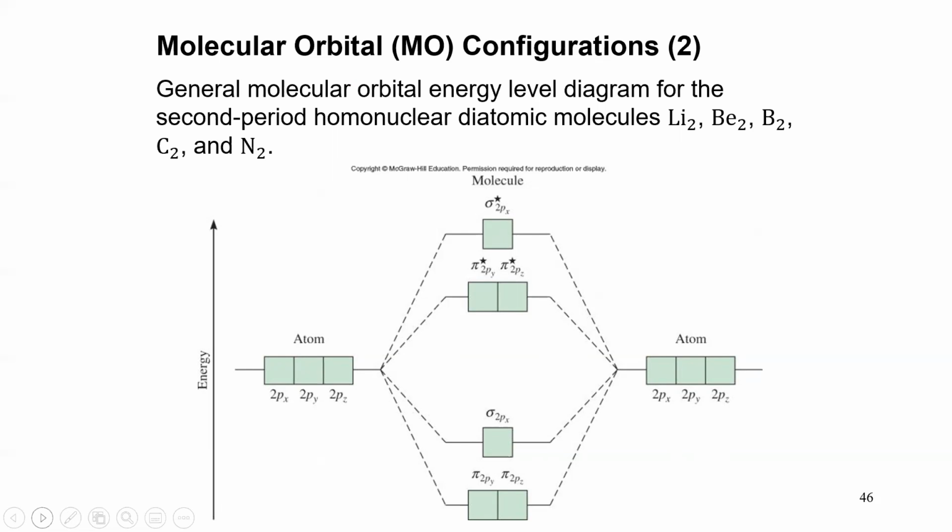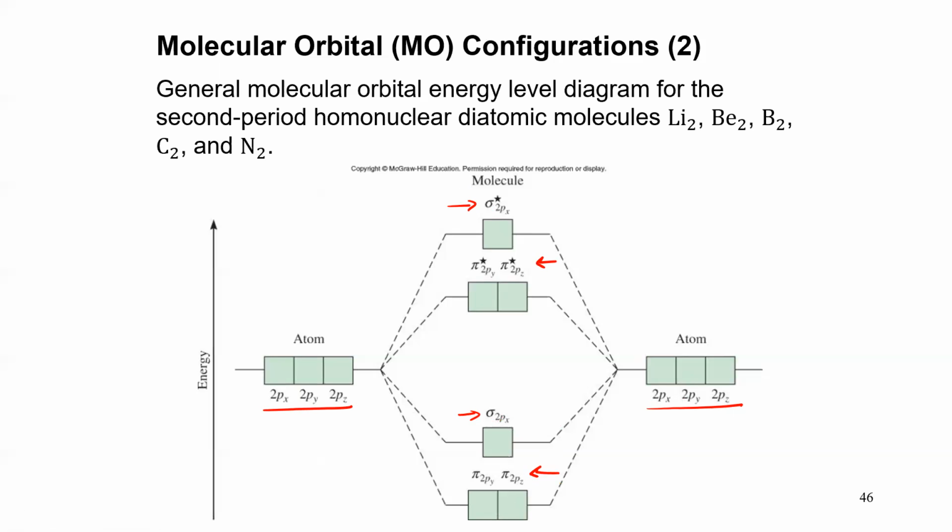Okay. All right, and so this is the general scheme for molecular orbital configurations with things in the p subshell. And so we have our 3 p subshells on either side. And then in the middle, we have a sigma bonding and a sigma star antibonding. But we also have 2 pi bonding orbitals and 2 pi star antibonding orbitals.